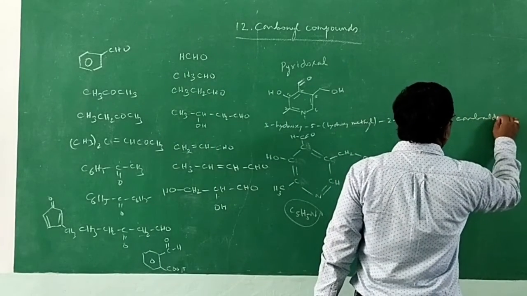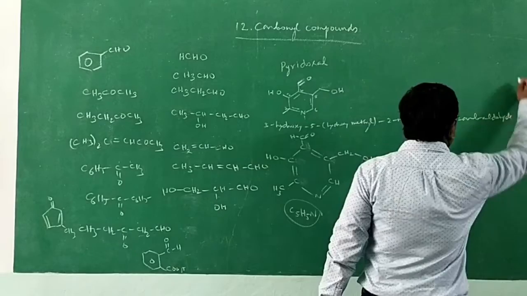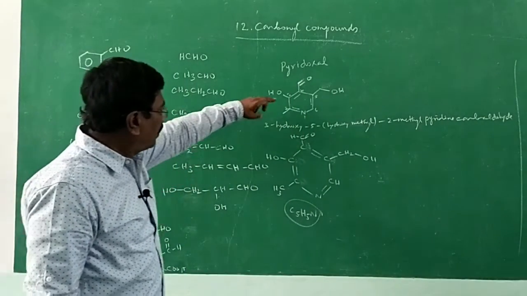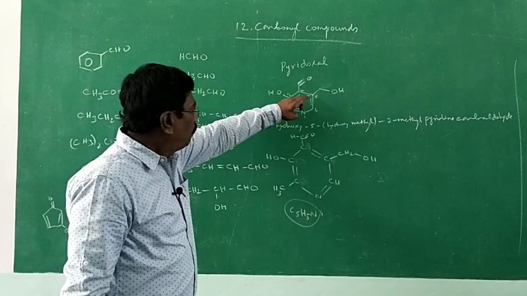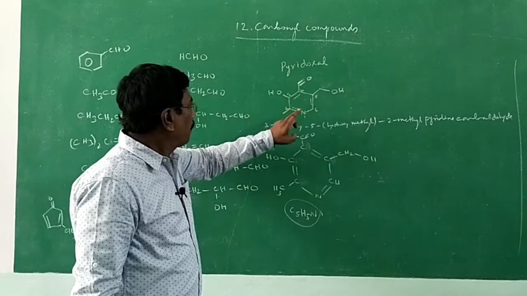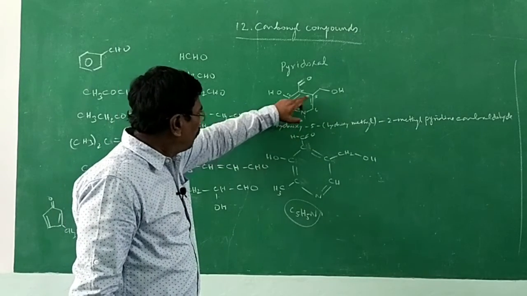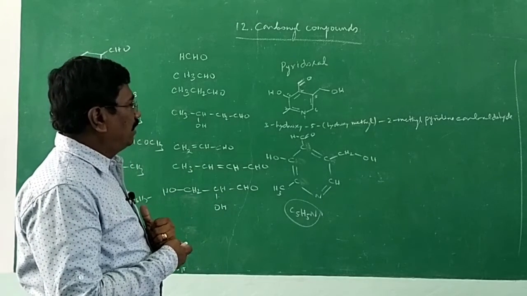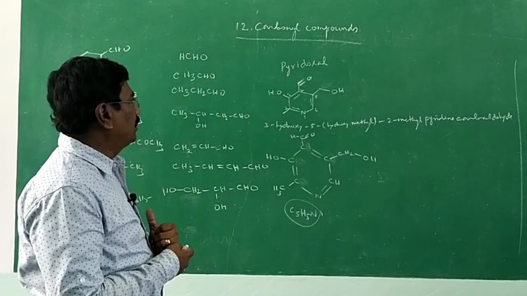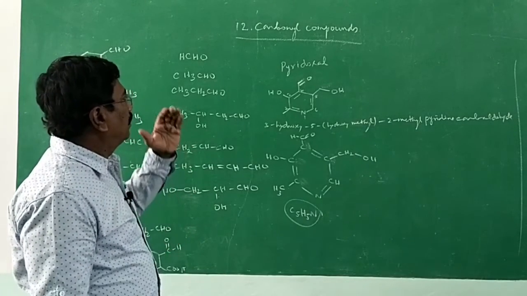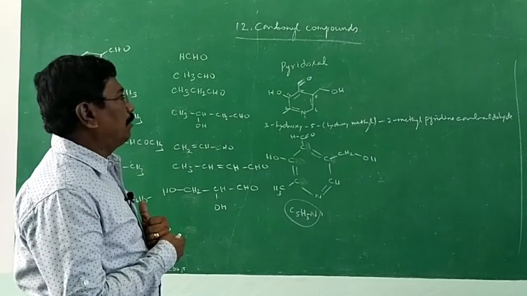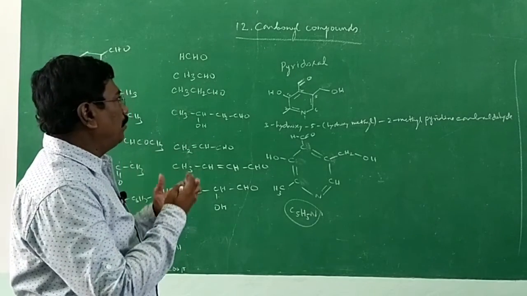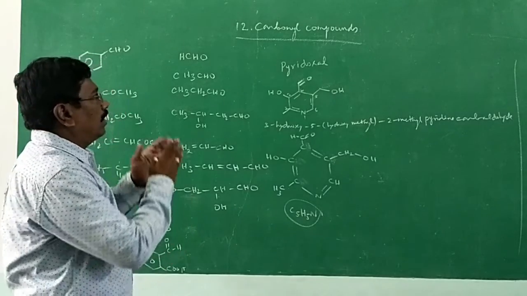Everything should go continuously. 3-hydroxy, 4-hydroxymethyl, 2-methyl, pyridine. That is one pyridine. At the first carbon atom we have nitrogen, and that need not be mentioned. 4-carbaldehyde.